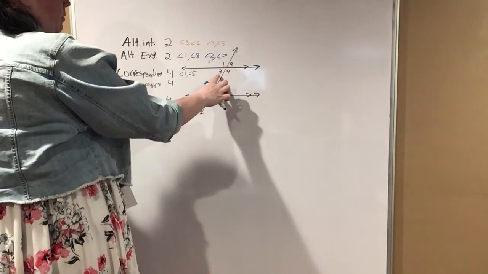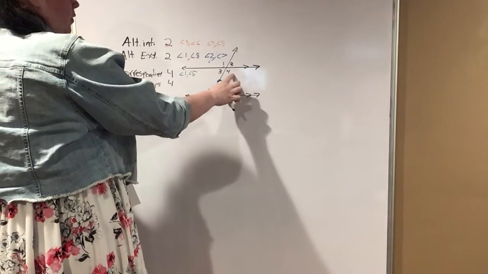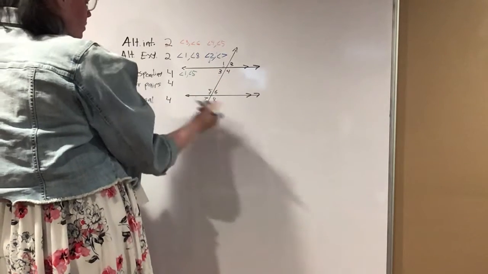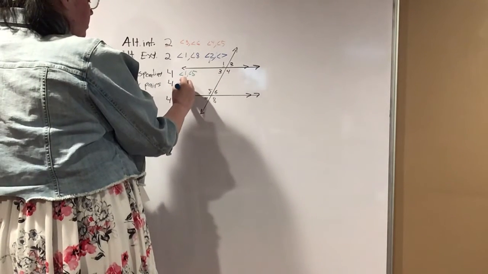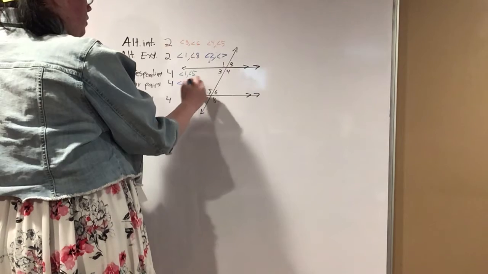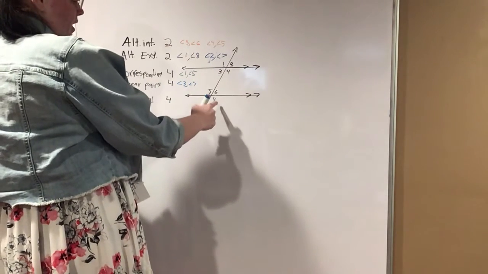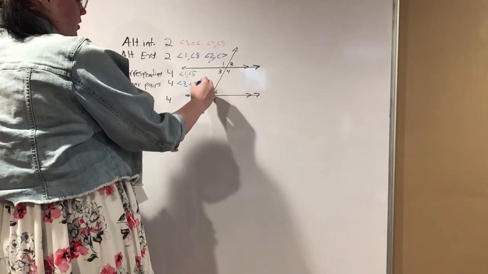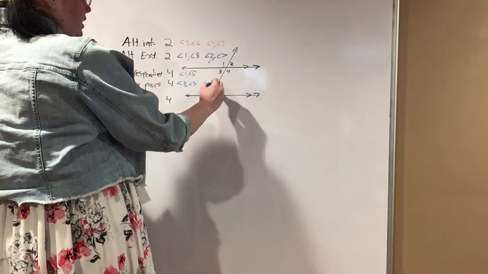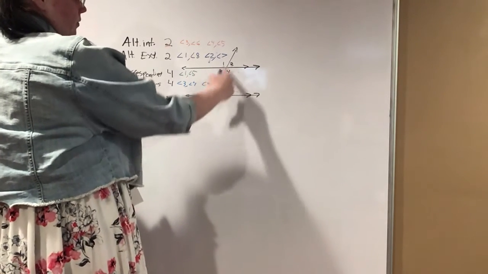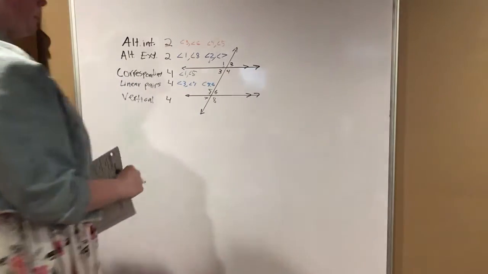Looking right here, 3 and 4 are on a line. So angles 3 and 4 form a linear pair because they're on the line. In the same aspect, angles 8 and 6 also form a line going that way.